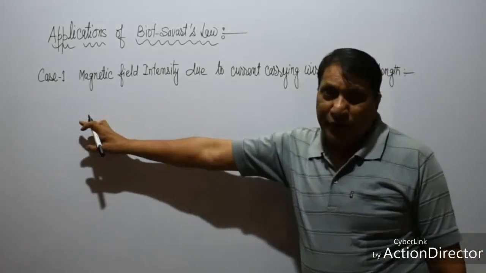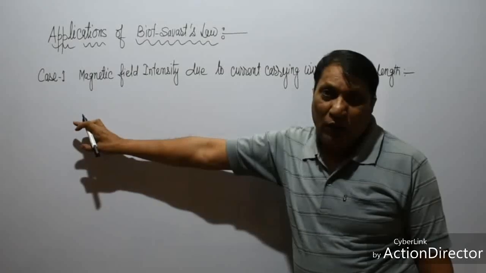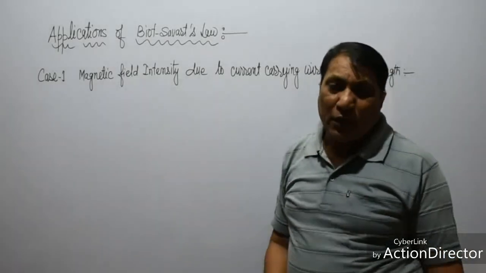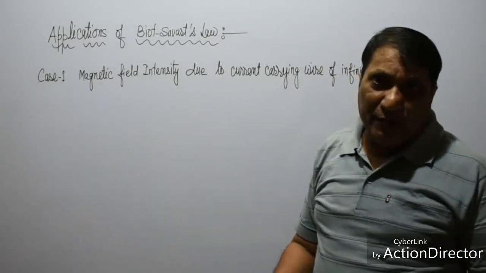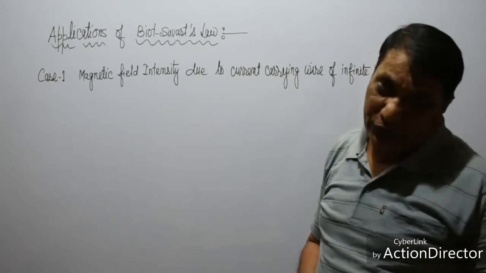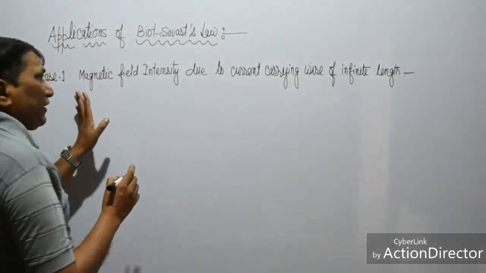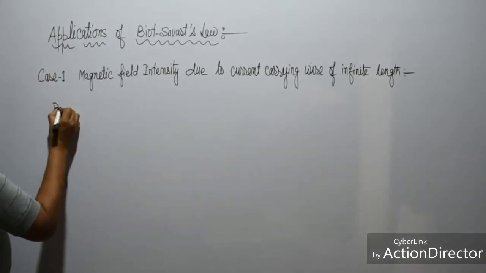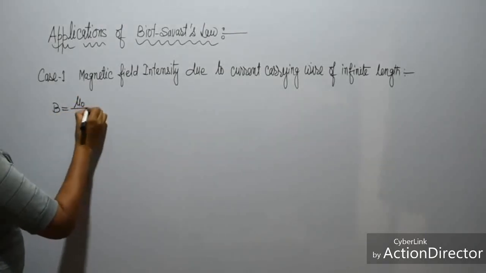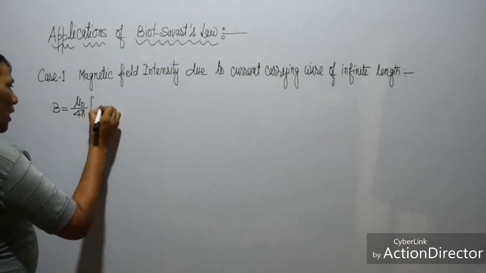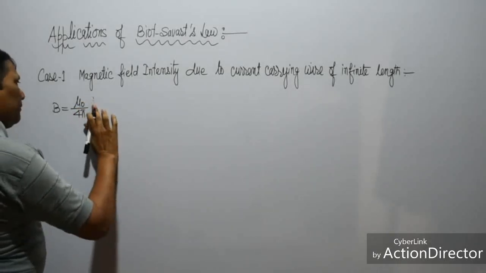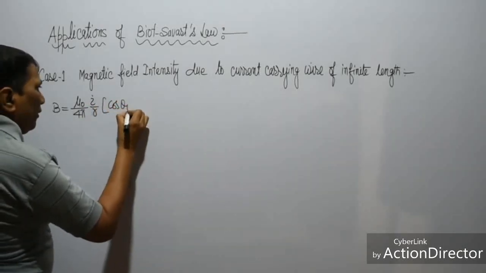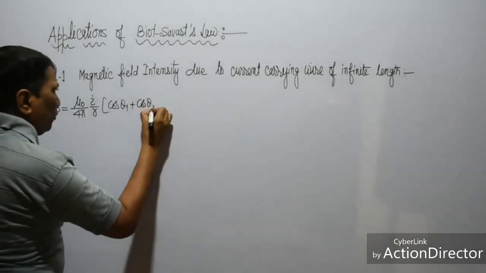We can proceed with the formula previously derived: B equal to mu 0 upon 4 pi I upon r, inside the bracket cos theta 1 plus cos theta 2.